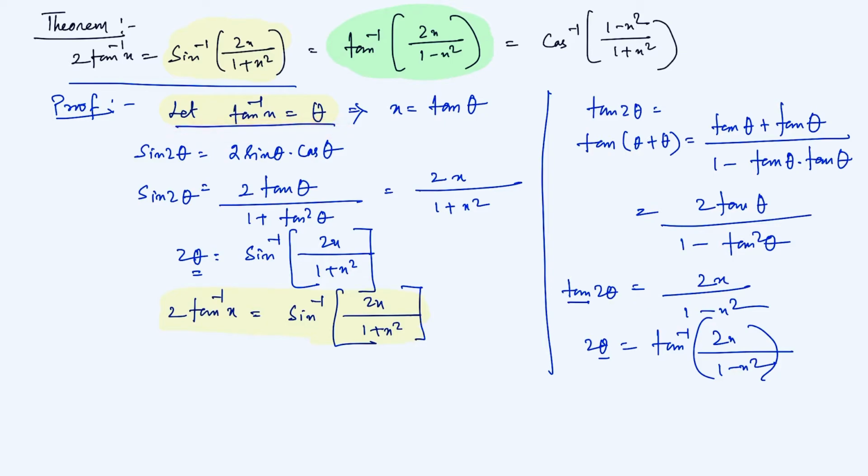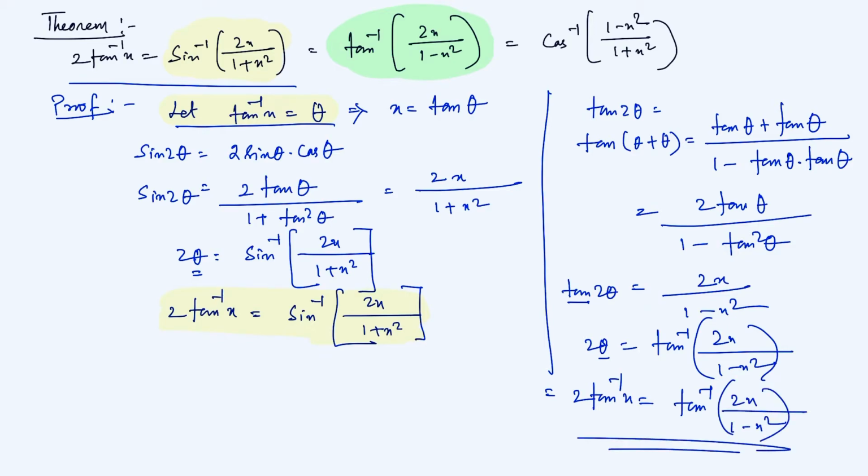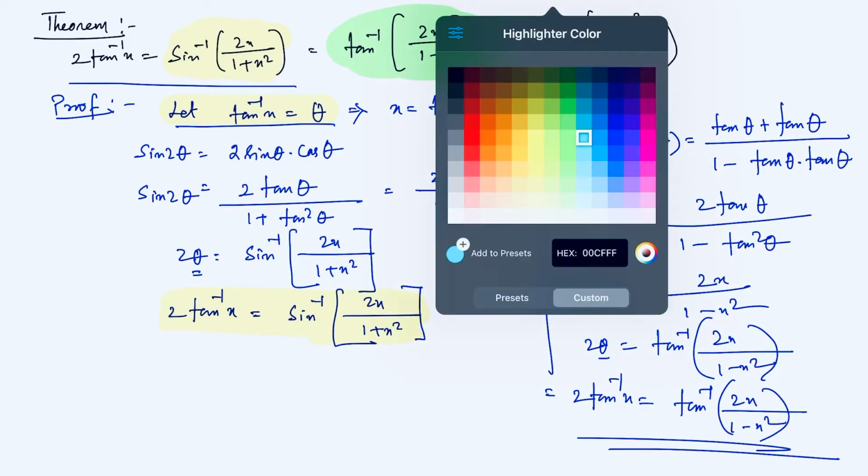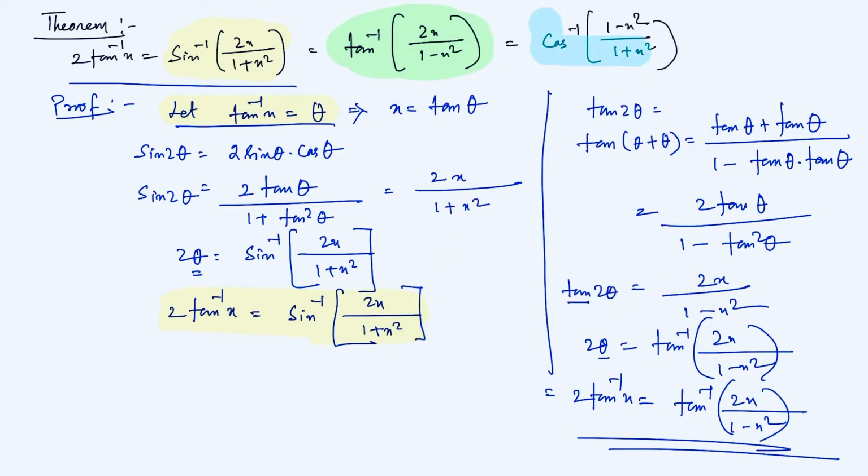Now I'm going to replace theta by tan inverse of x. So 2 into tan inverse of x is equal to tan inverse of 2x divided by 1 minus x square. The next one, please do this one. This is the homework for you.